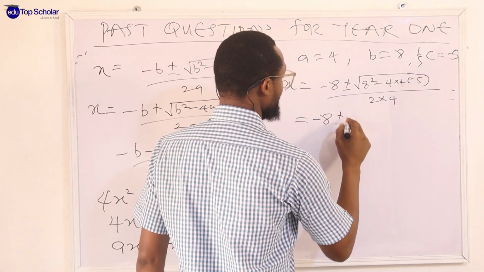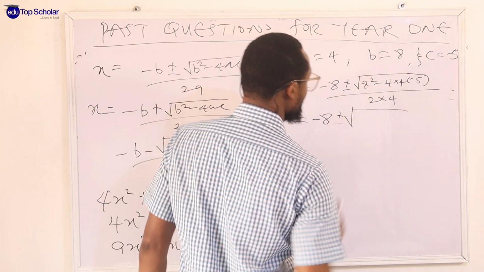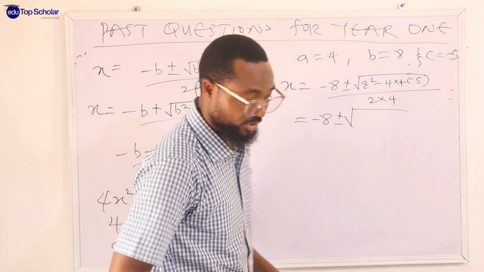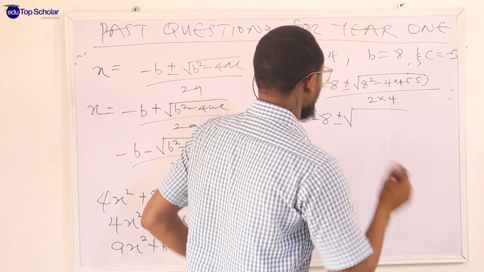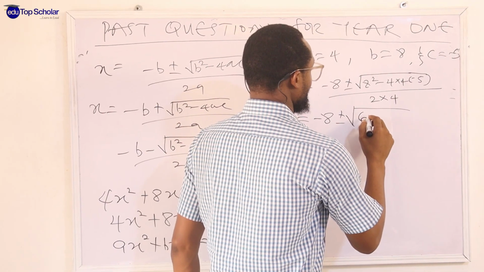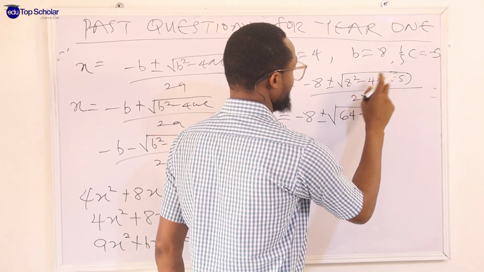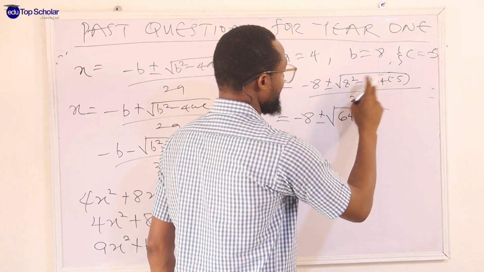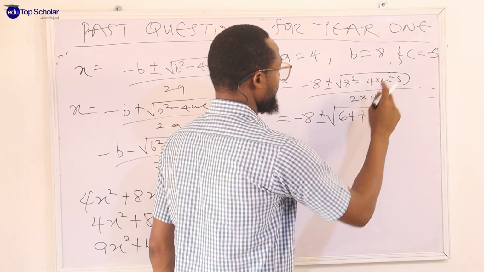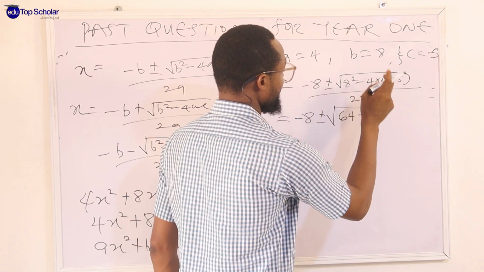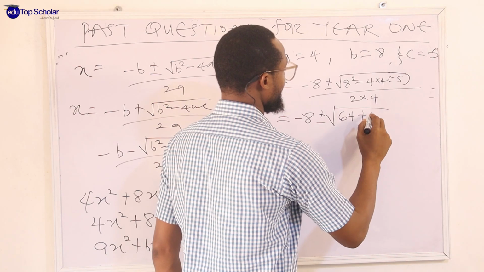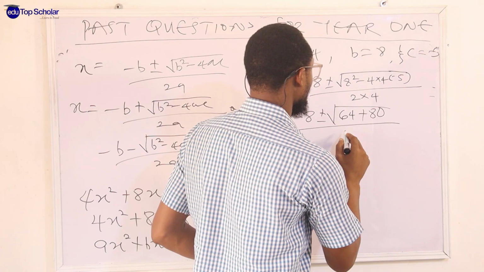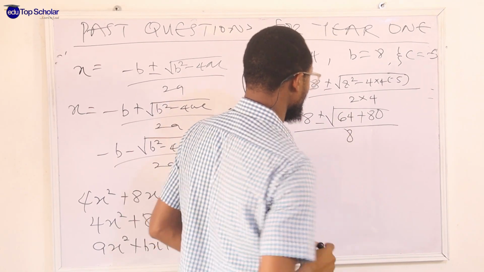Minus 8 plus or minus root 8 squared should be 64, if I'm not mistaken. This should be 64 minus 4 by 4, 16. 16 by, okay, let's say 4 by 5, minus by minus, we have plus. 5 by 4, 20, 20 by 4, we have 80. I hope I'm not making any mistake here. Over 2 by 4, that will be 8.